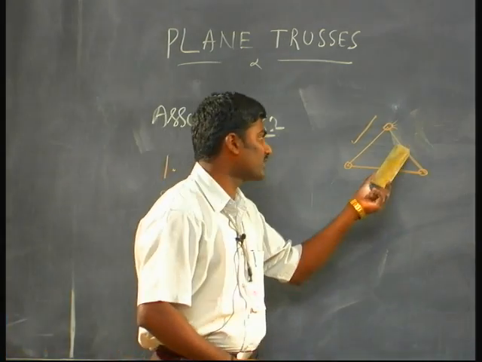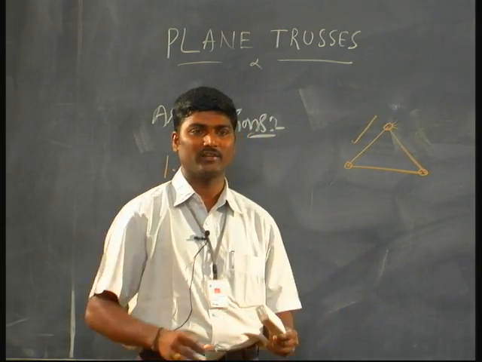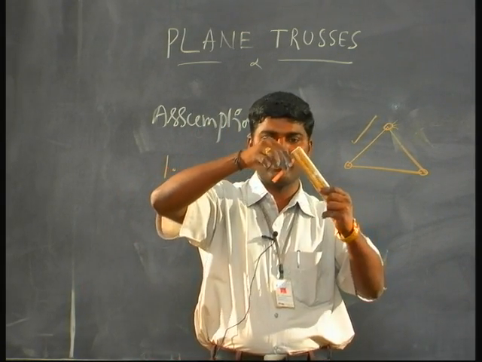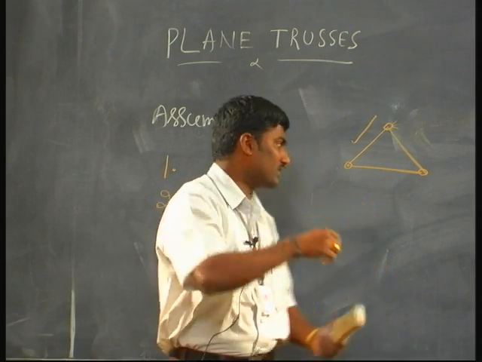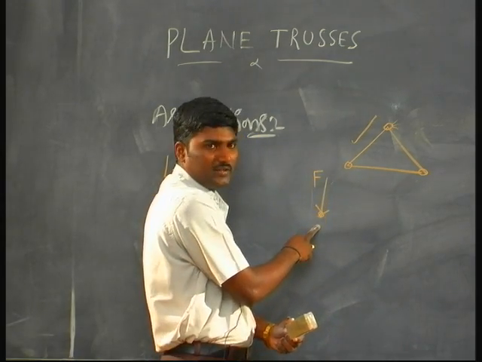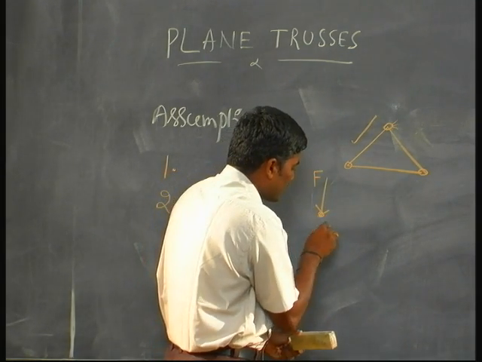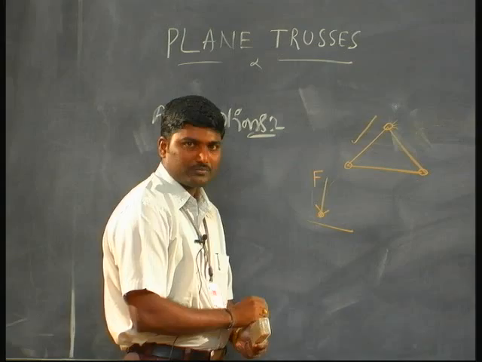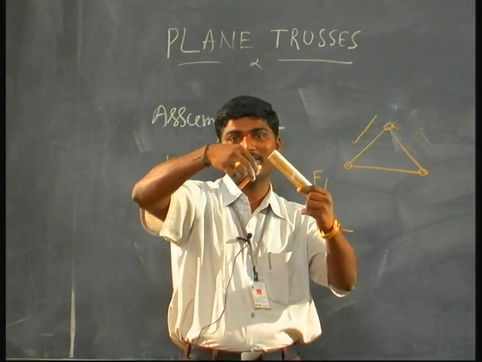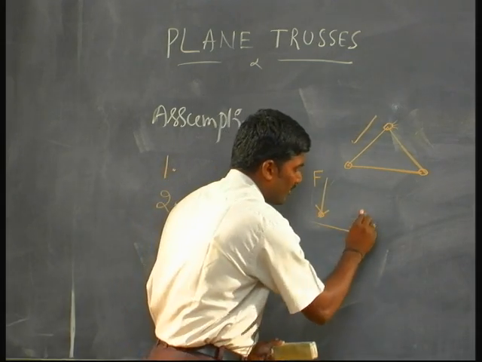What happens if these are not in a line? Say this is the member, and if this axis is not in the plane, your load will be somewhere here, and your member is at a distance. So it will create moment.